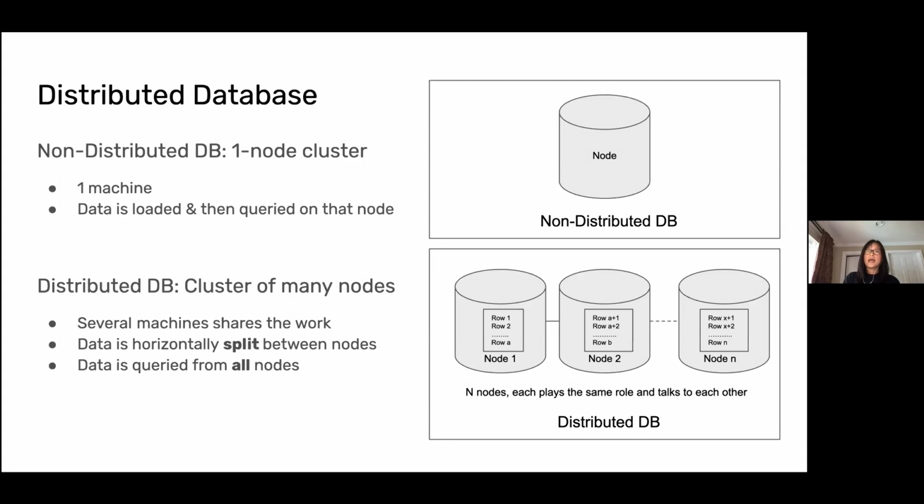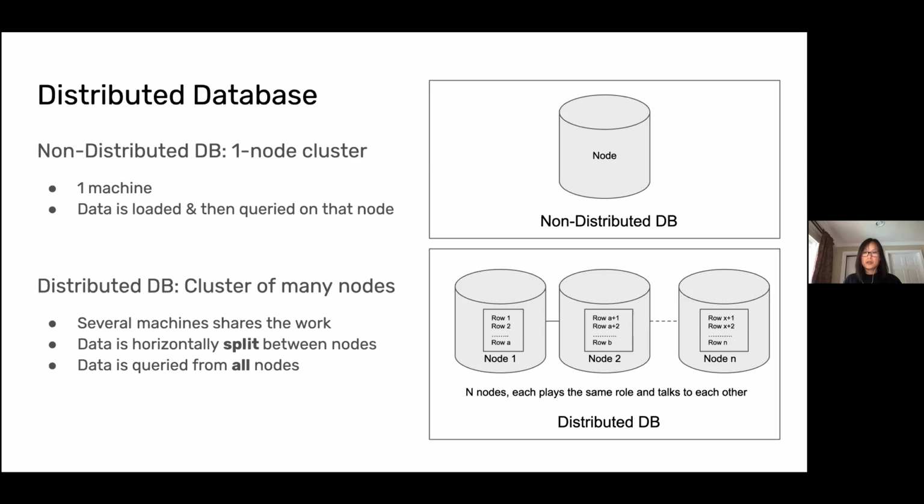So let us look at non-distributed and distributed databases. If you look at the top right picture, we call it a non-distributed database, where there's only one machine, which I call a node. When you load the data, you load it into that node, and when you query the data, everything goes to that node. A distributed database just means that now we have many machines to share the work.